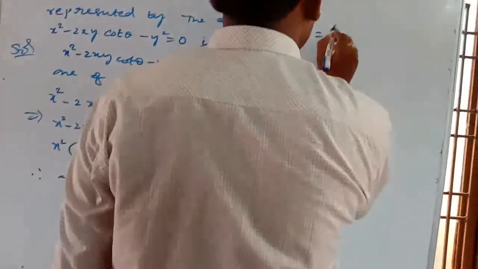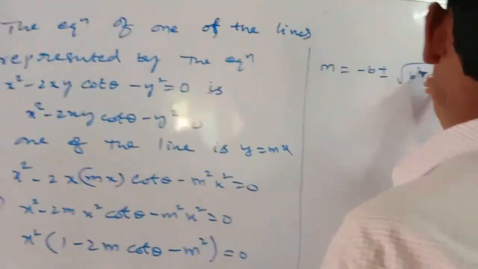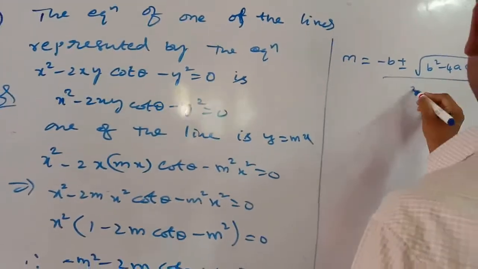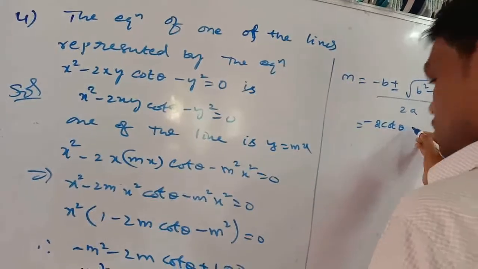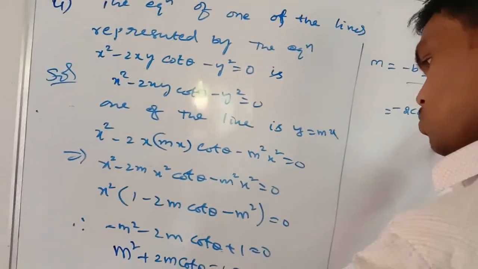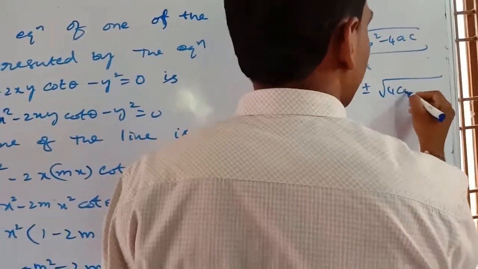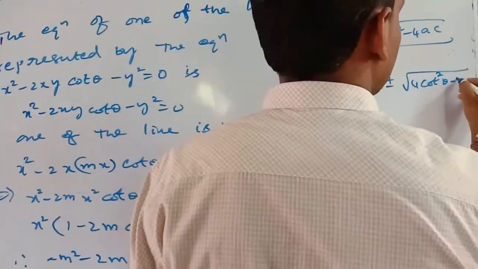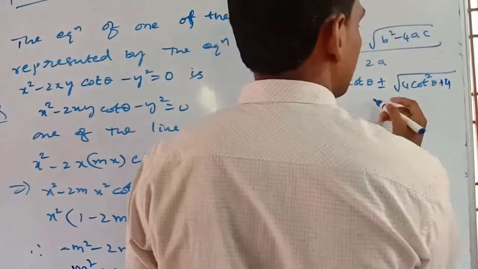Okay. Now m is equal to minus b plus or minus root of b square minus 4ac by 2a. This is minus 2 cot theta plus or minus root of 4 cot square theta plus 4, by 2.